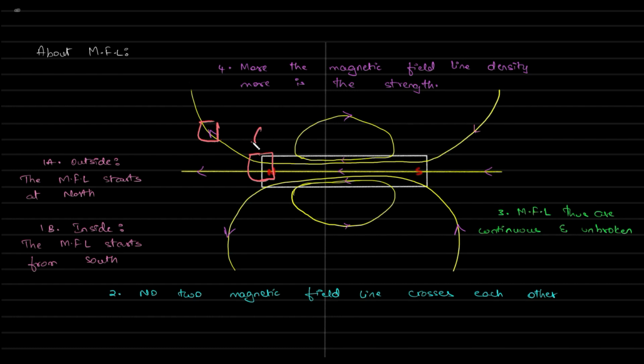So the strength is more over here. So more the magnetic field lines in a given space, more the strength. Again, it's quite simple. If you see here, it is a lot more compared to A and B, if I call this as C. So the strength over here is more than A or B, and strength in B is more than A.